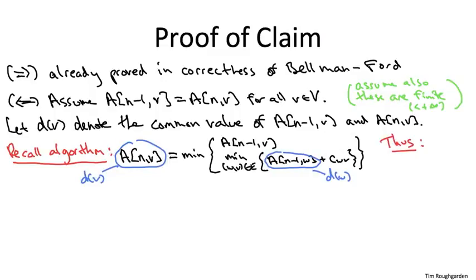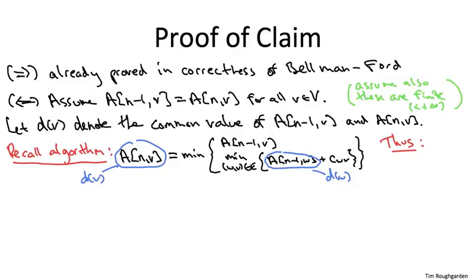Now, because the left-hand side of this equation is a minimum over a bunch of candidates on the right-hand side, if we zoom in on any one candidate on the right-hand side, so any choice of this last hop w, v, we get something which is at least as big as the left-hand side. Again, the left-hand side is the smallest of all of the candidates.